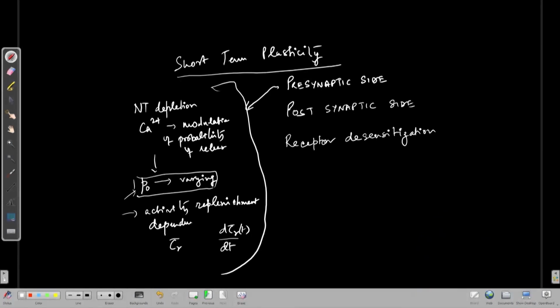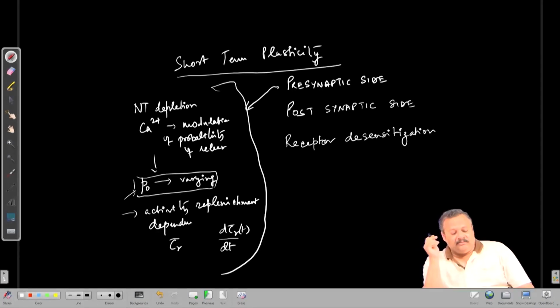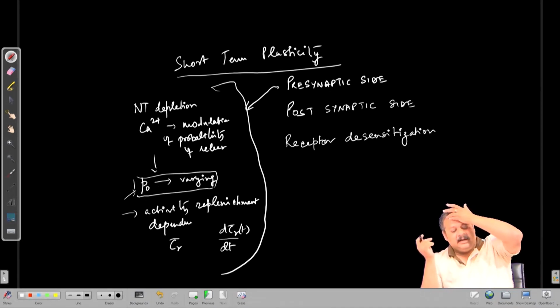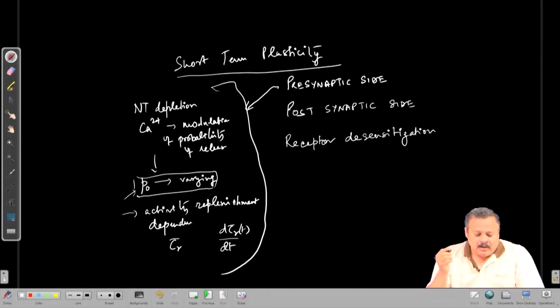So, the more and more activity there is in the presynaptic side, the more the receptors on the postsynaptic side get desensitized. That is, they are not as responsive as before. That is, their probability of gating reduces, keeps on reducing, and may go to 0.